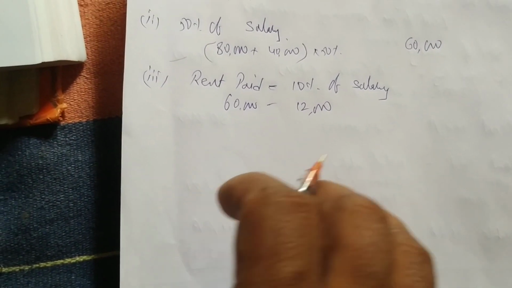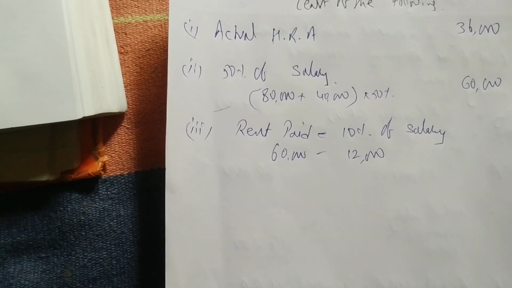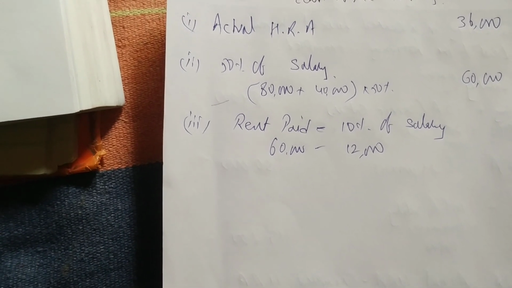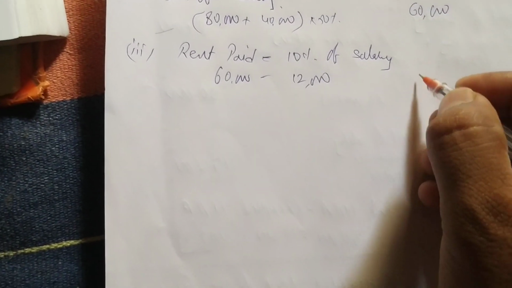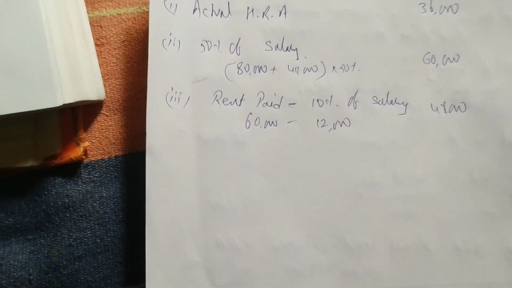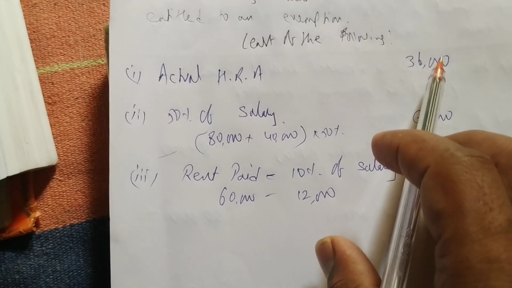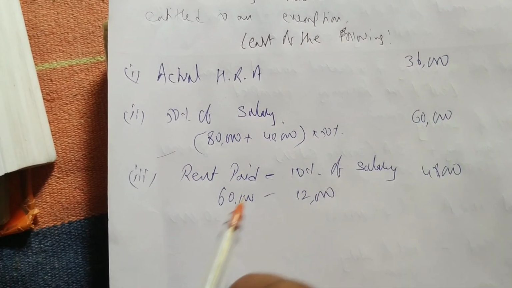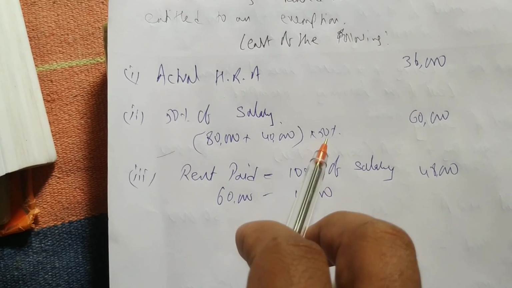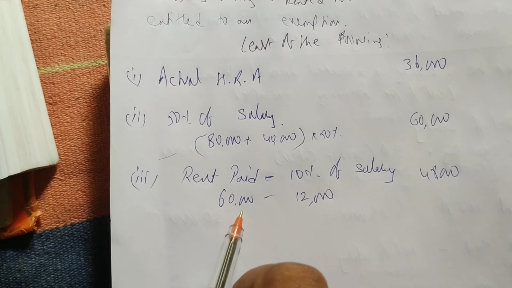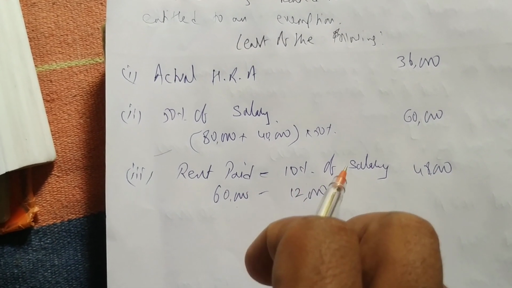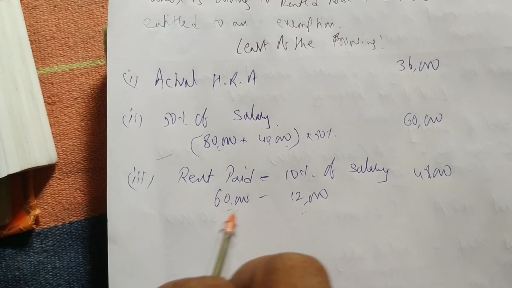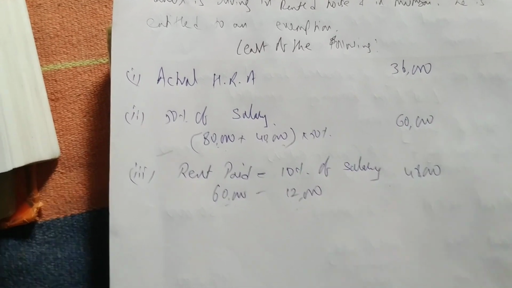So 60,000 minus 12,000 we are getting 48,000. So we have done actual HRA is 36,000; 50% of salary, 80,000 plus 40,000, we got 60,000; rent paid 60,000 minus 10% of salary, 12,000, so 60 minus 12 is 48,000. So least is what? 36,000.